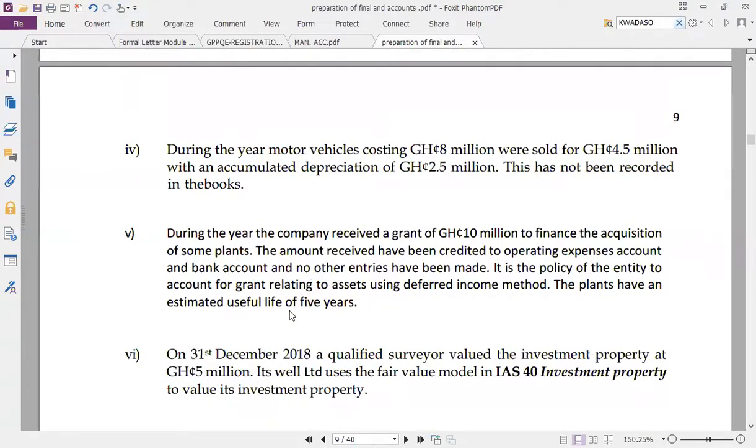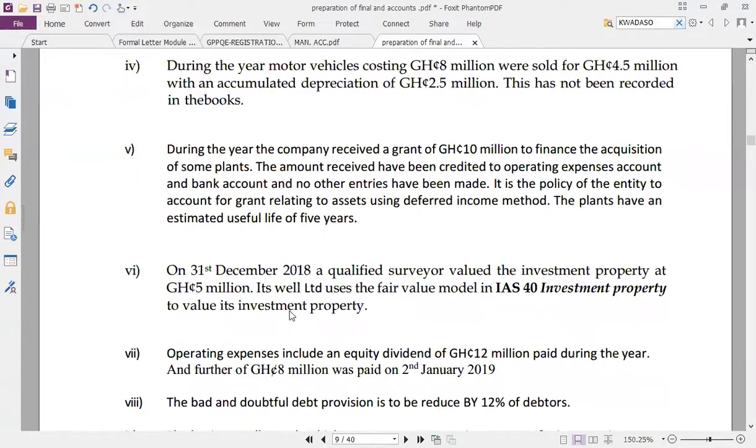Now let's see note 5. During the year, the company received a grant of 10 million to finance the acquisition of some plants. The amount received has been credited to operating expenses account and the bank account, and no other entries have been made.